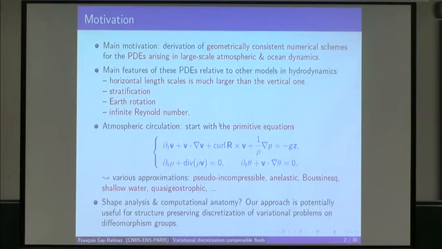You recognize here the pressure, which depends on the mass density and the entropy. The equation for the mass density is here, and we replace the equation of the entropy by the equation for the potential temperature. I will explain a little bit later what this variable is. From these so-called primitive equations, several approximations are derived, like these four here.